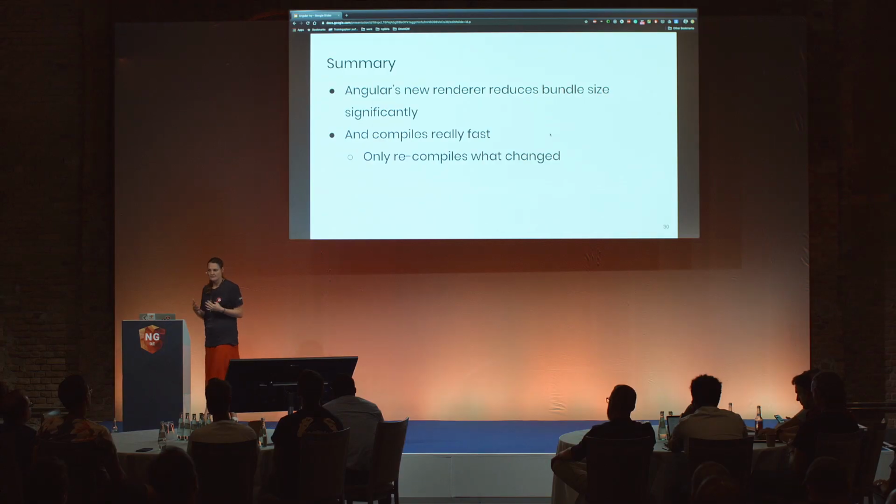So I rushed a little bit through it, I recognize, but what we learned is why Ivy is so awesome, why you should use it: we now finally have a renderer engine that reduces the bundle size really significantly, since the framework itself is now tree-shakeable.